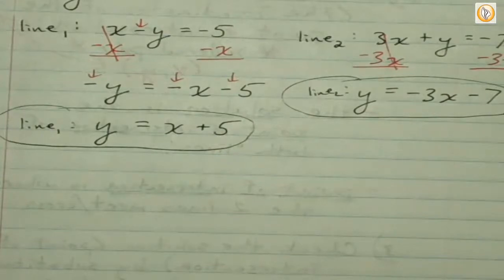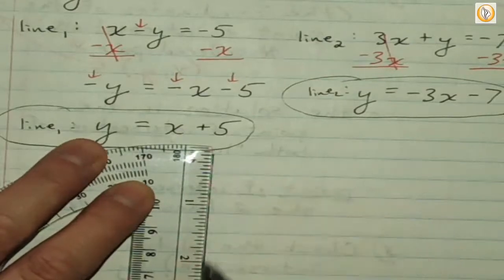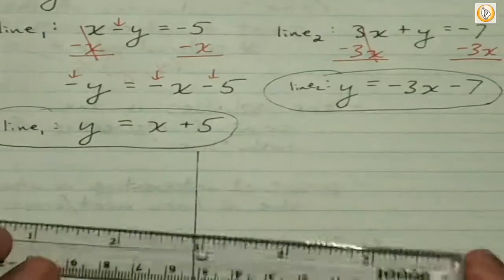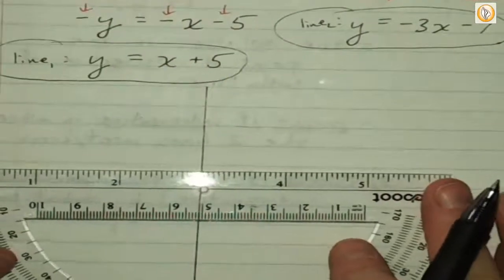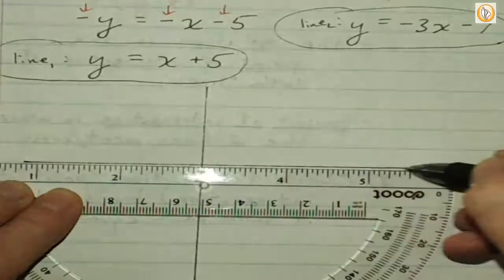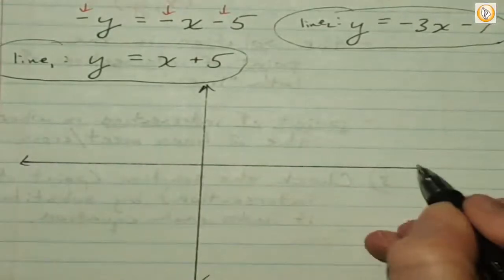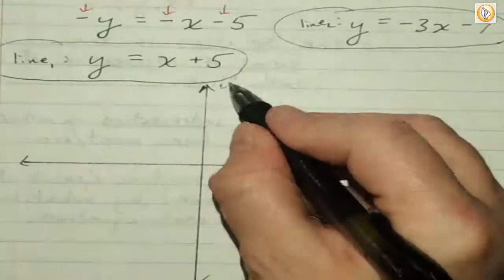I'm not saying you can't go grab your rulers. Here's my Cartesian plane. Here's my x, my y.